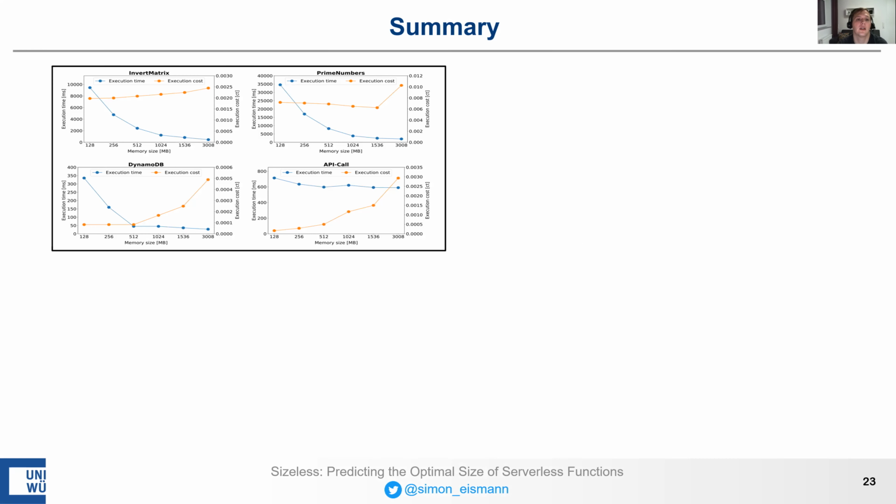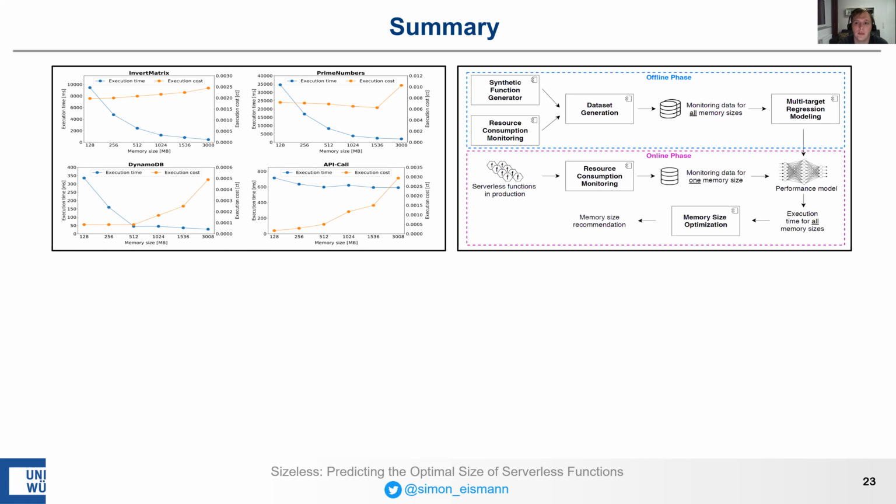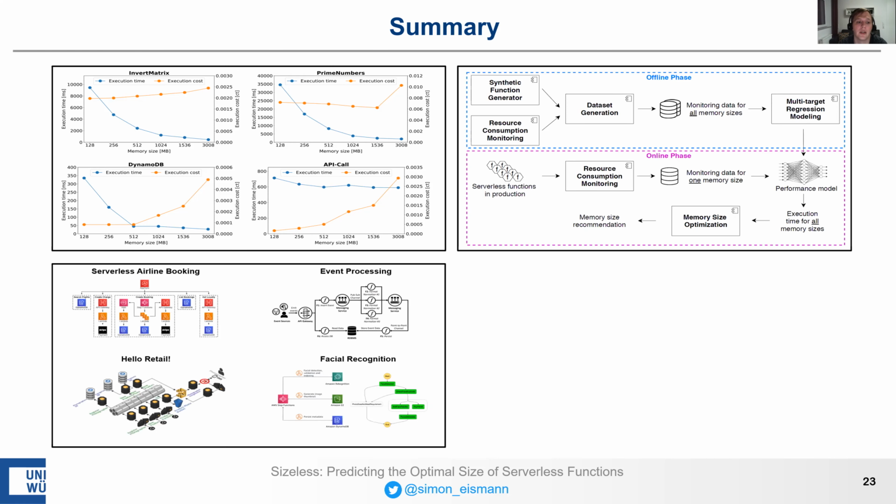To summarize, determining the optimal resource configuration of a serverless function is difficult. We propose an approach that trains on a synthetic data set in an offline phase, and then during the online phase requires only monitoring data for a single memory size in order to optimize the memory size, which enables the method to also be employed by a cloud provider.